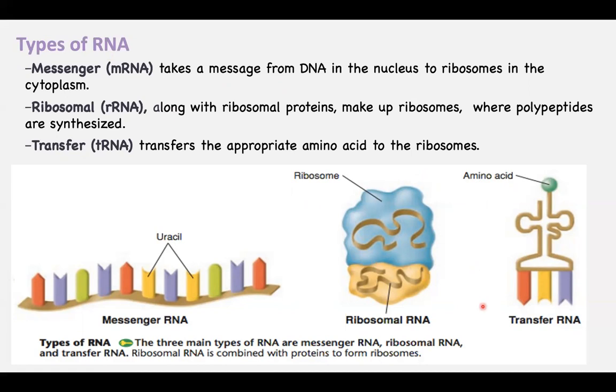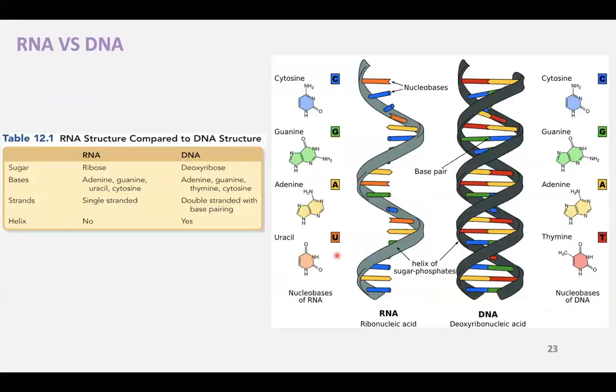Okay, last one is the transfer RNA, tRNA. So this is tRNA that transfers the appropriate amino acid to the ribosome. Okay, you must remember RNA has 3 types, which are messenger RNA, ribosomal RNA, and transfer RNA. mRNA, rRNA, and tRNA.